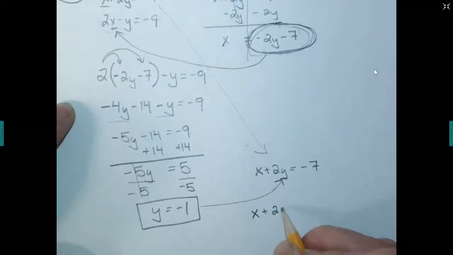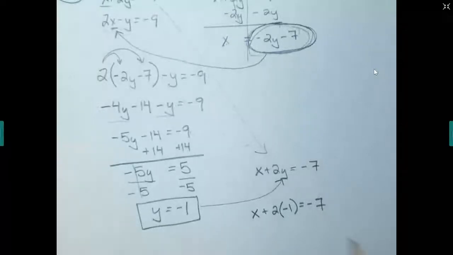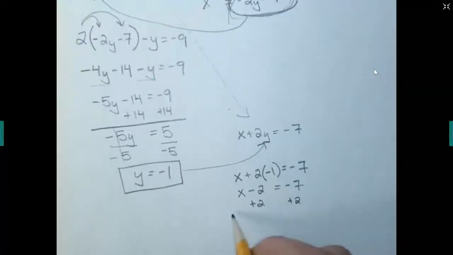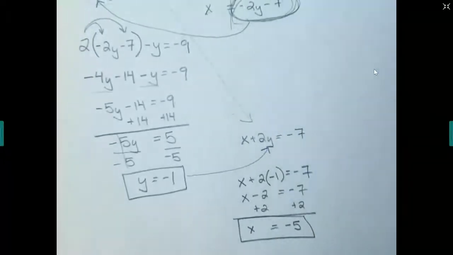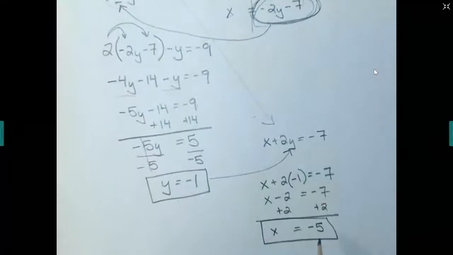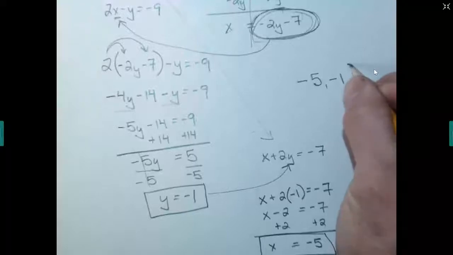X plus 2 times negative 1 equals negative 7. So x, 2 times negative 1 is negative 2, equals negative 7. So I add 2, and I get x equals negative 5. So the point where these two lines intersect is at negative 5, negative 1.